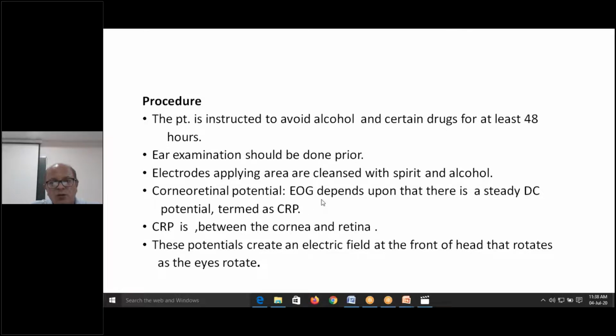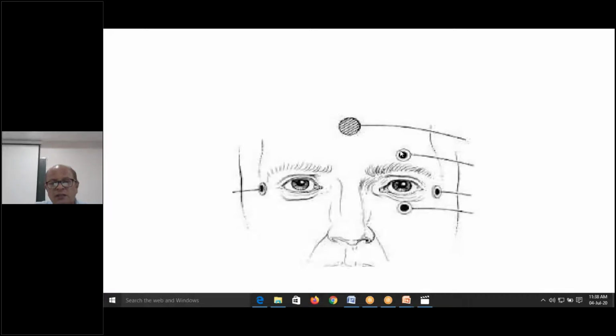There is a steady DC potential termed the corneoretinal potential. This potential creates an electric field at the front of the head that rotates as the eye rotates. These are the electrodes you can see, to detect the various motions of the eyeball: one below the lower eyelid, one above, one on the lateral canthus on either side, and this is the ground electrode here.